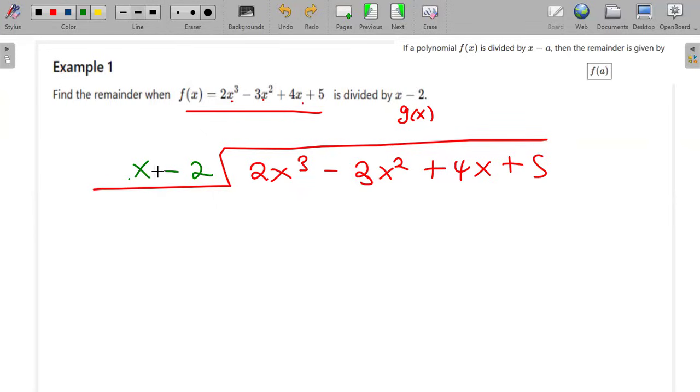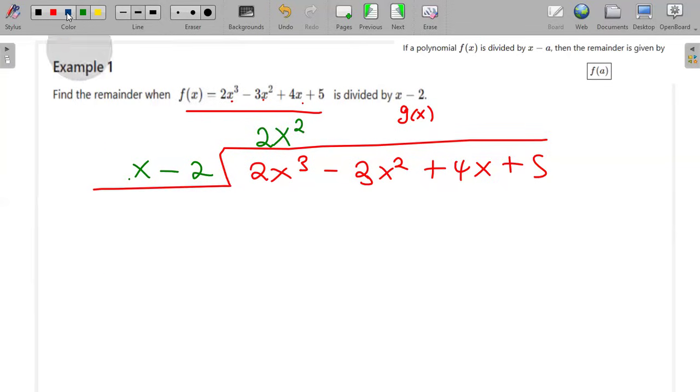So you say this x here, I divide it into 2x to the power 3. So x into 2x to the power 3 here is the same as 2x to the power 3 divided by x. So what do I get here? I'm just going to get 2x squared. So I'm going to write on top of this guy here, 2x squared.